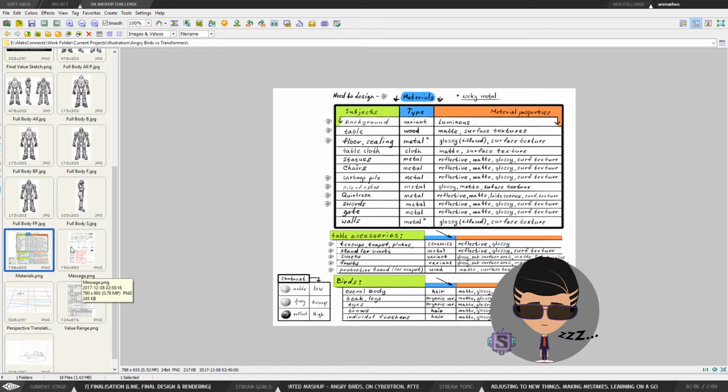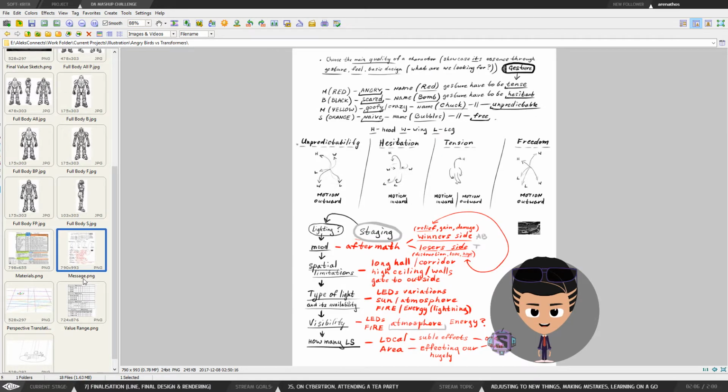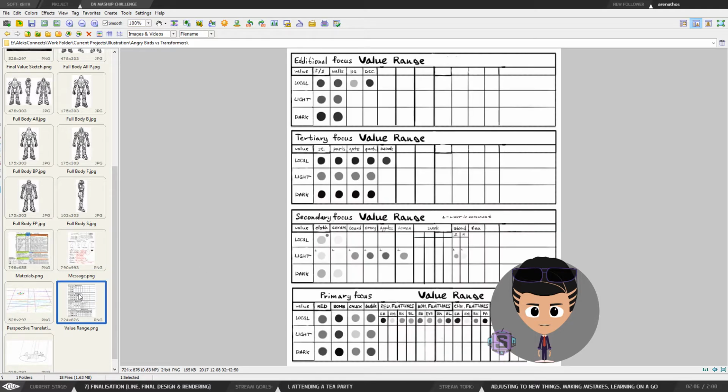So let's just go through again. In terms of the design and materials, we have all information that we need. In terms of storytelling and mood, we have everything that we need.